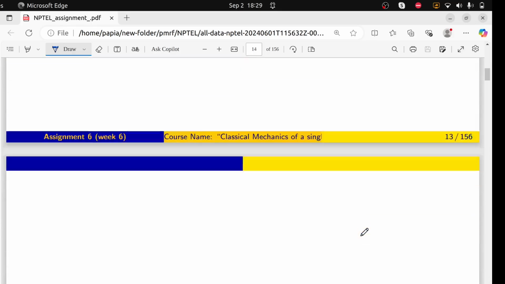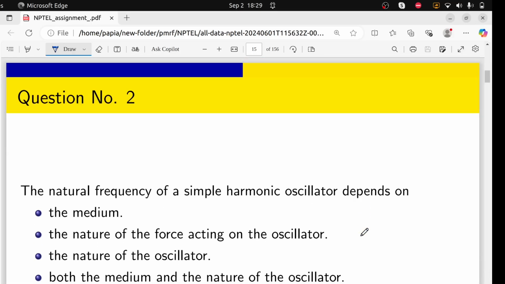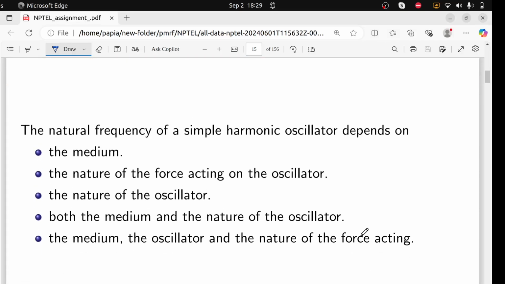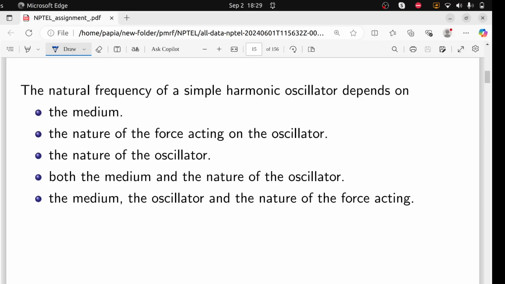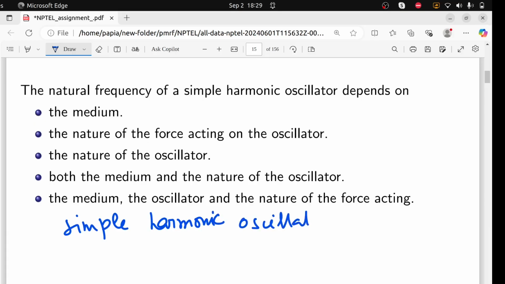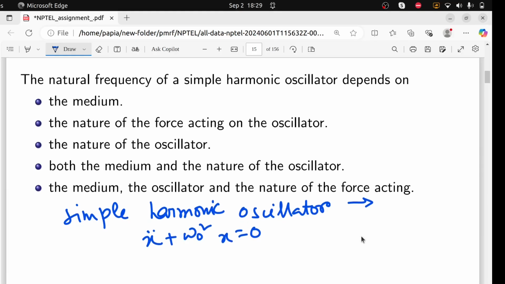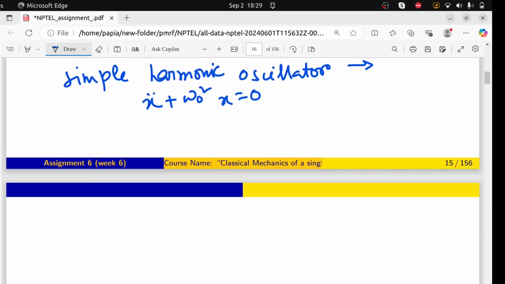Now coming to the second question. The natural frequency of a simple harmonic oscillator depends on, natural frequency. Okay, fine. Simple harmonic oscillator means this, and the omega value will be root over k by m.